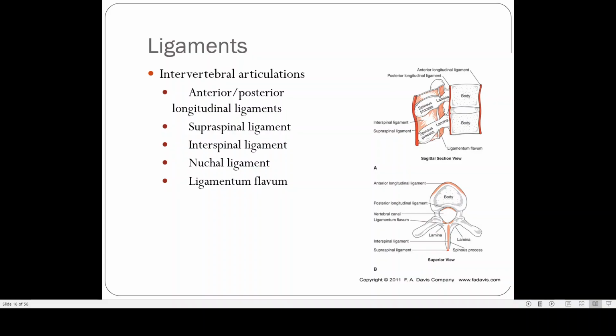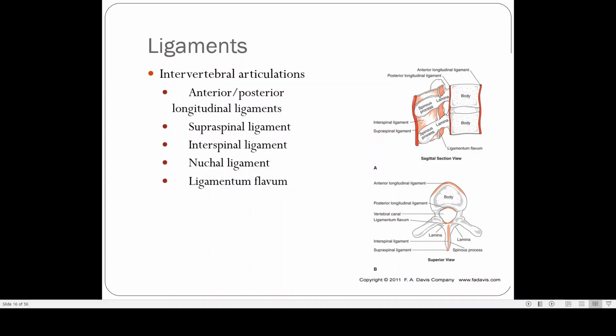As you flex and those spinous processes move further away from one another, that's going to help stop that motion. Your interspinal ligament is going to run from level to level. So we talk about it as one ligament, but really there's a ligament between each vertebral level. So it's going to connect the underside of the spinous process above to the top of the spinous process below.